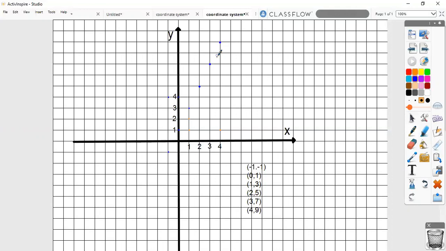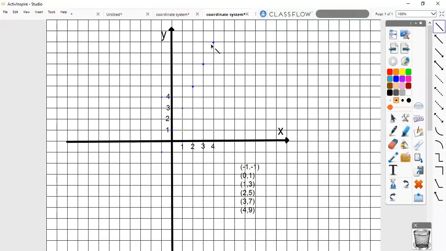Between these points there are many points, and all of them apply the same rule. That's why I can draw my line from here to here. Do you see all the points are on my line?